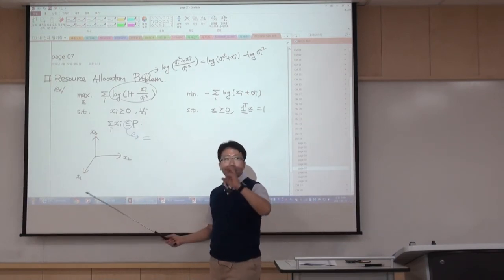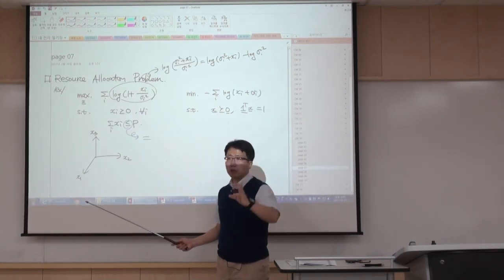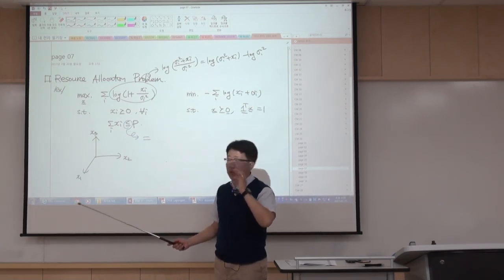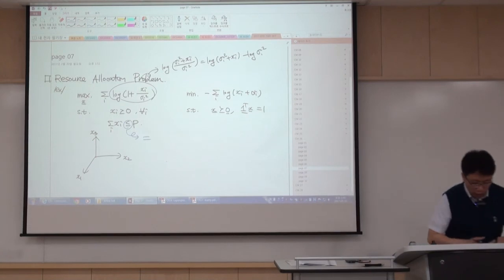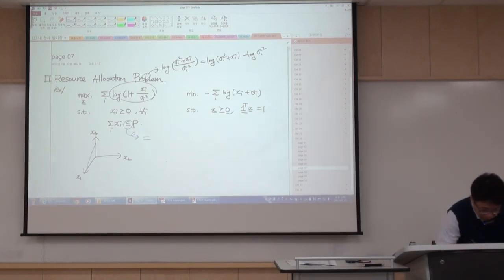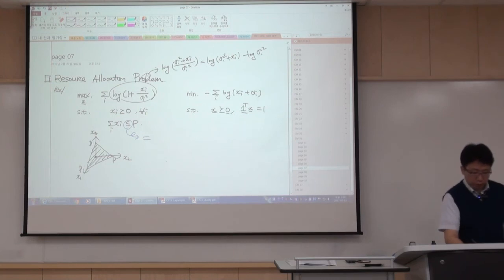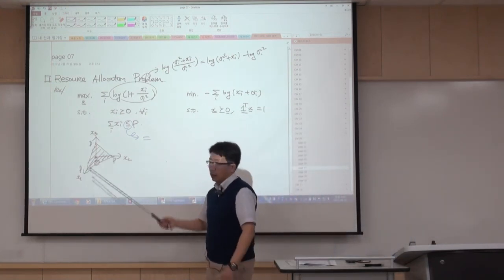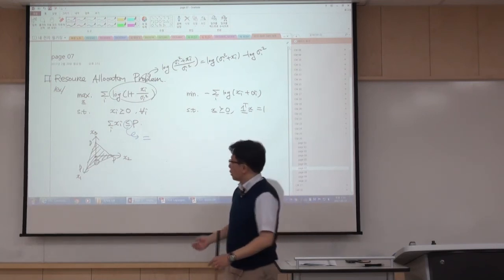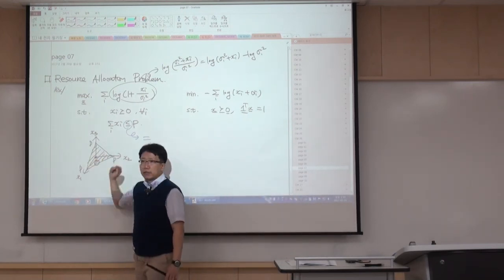Your x vector is in the first orthant, right? And second, the summation is less than or equal to P, which means that you have the simplex, and you also include the inside, contained by these four triangles.